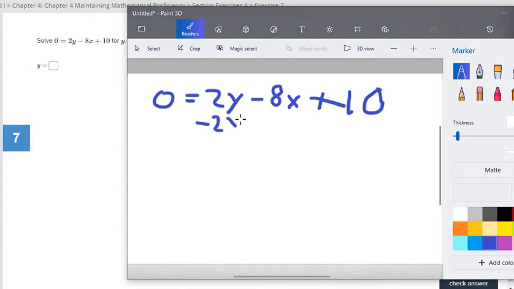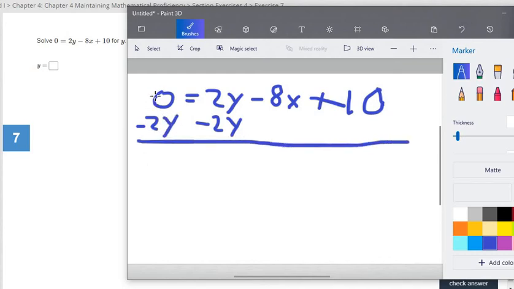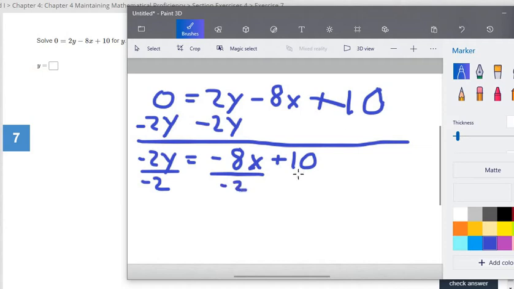So if we subtract 2y from both sides, so we have 0 minus 2y, which is just negative 2y, equals, and everything else just remained the same over here, plus 10. Now we can get rid of this negative 2 over here, just leaving us y. So again, you have to do every part divided by negative 2.